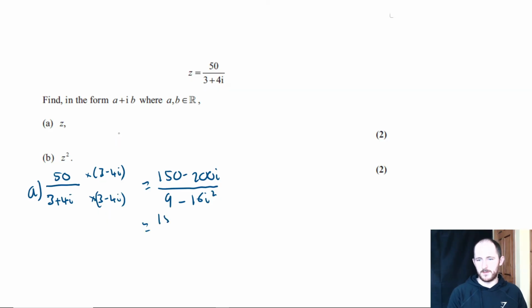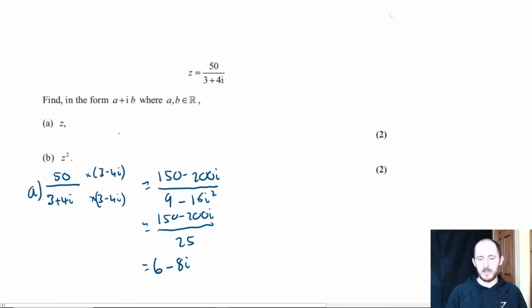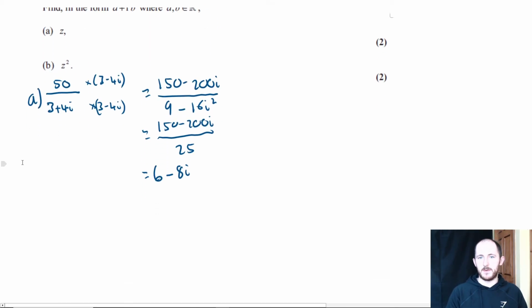So it's 150 minus 200i over 25 again. And that equals, that should have an i on the end. So 25, so it's 6 minus 8i. Yep, which is perfect.